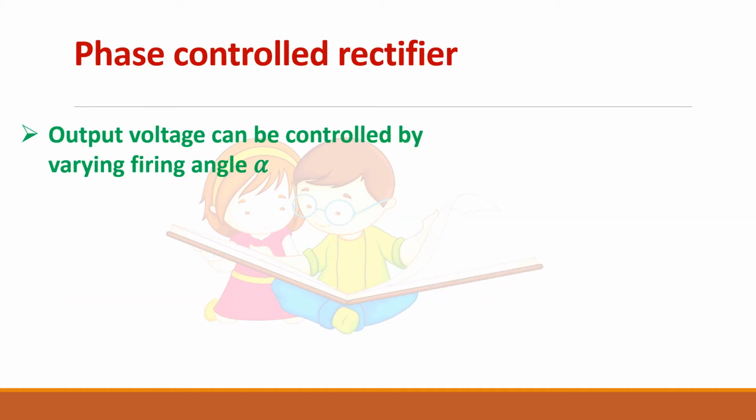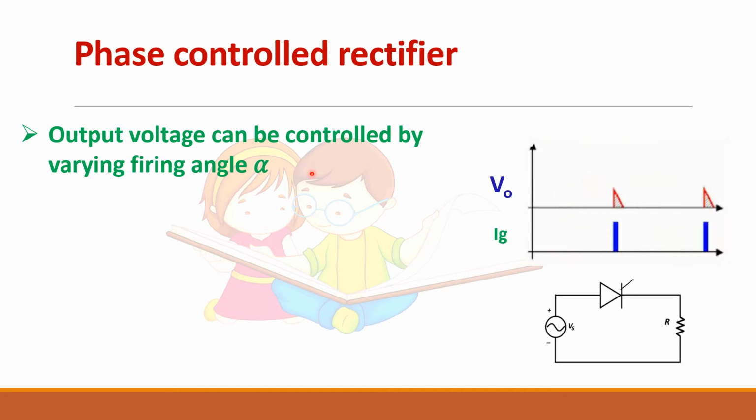In controlled rectifier, the output voltage can be controlled by varying the firing angle. So what is the firing angle? It is the angle at which the SCR starts conduction, or the instant at which SCR conducts is decided by this firing angle alpha. So this IG, this blue color line is the gate pulse.